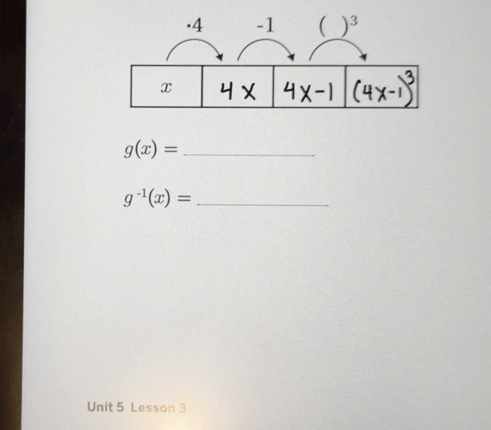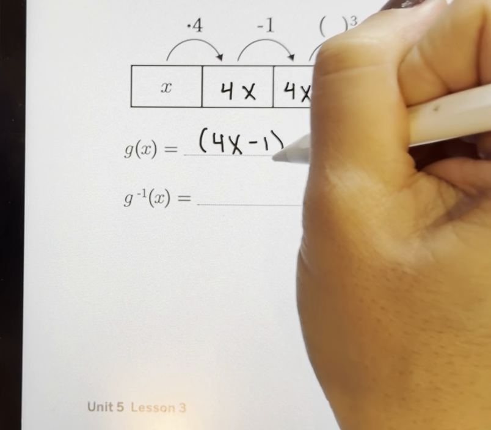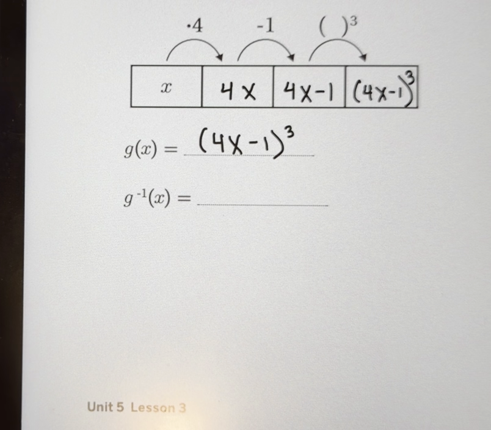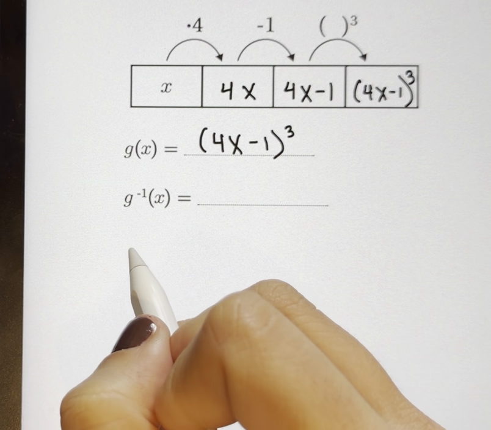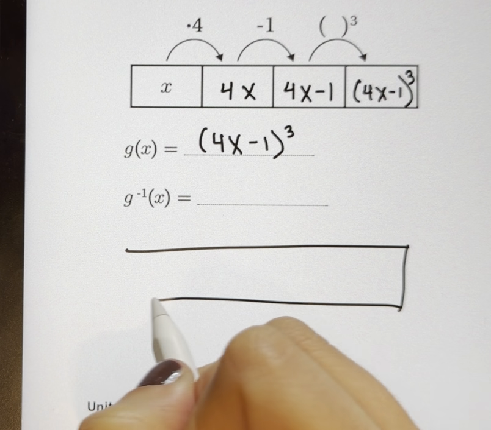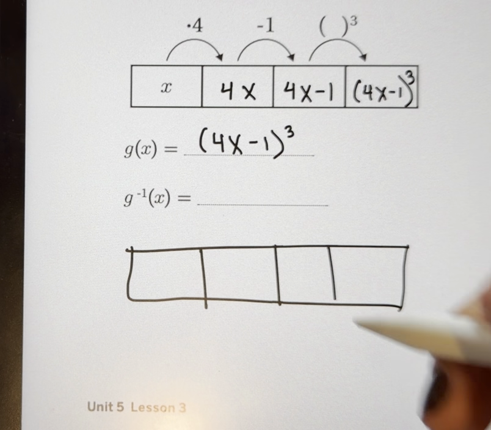And now we come over here. g of x is this, (4x minus 1) cubed. And now they want to know what g inverse is. So I wish they gave me enough room to do it right under there, but they don't. That's okay.